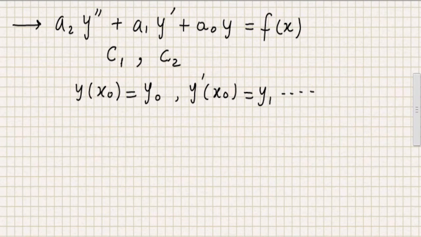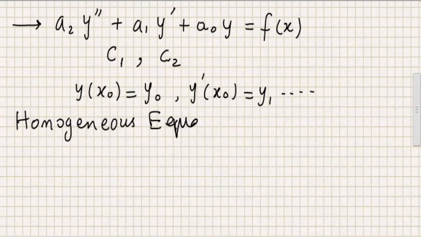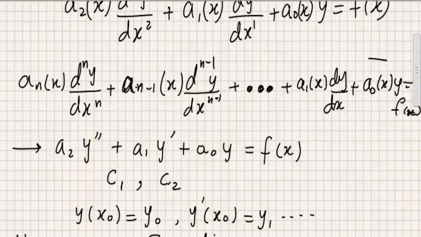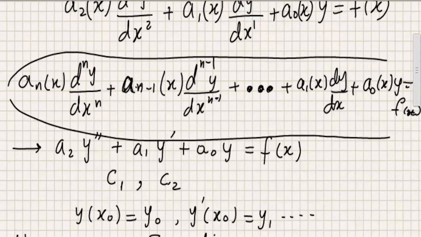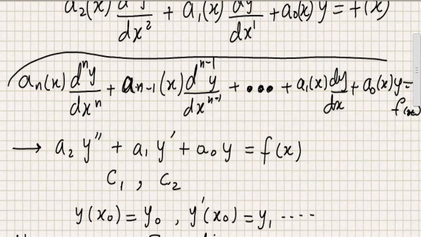So the second most important terminology that you need to understand at this point is called homogeneous equations. Homogeneous equations are differential equations which look exactly like this in the standard format, but the only difference is that there is no f of x, right?